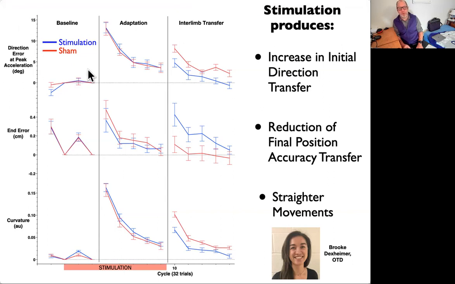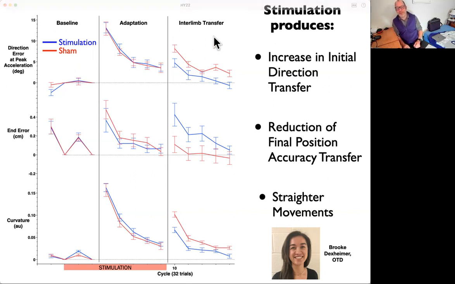Adaptation in terms of early direction looked exactly the same as, oh, I'm not showing it here. I haven't updated this, I'm sorry. Early adaptation looked exactly the same in right stimulation and in sham.